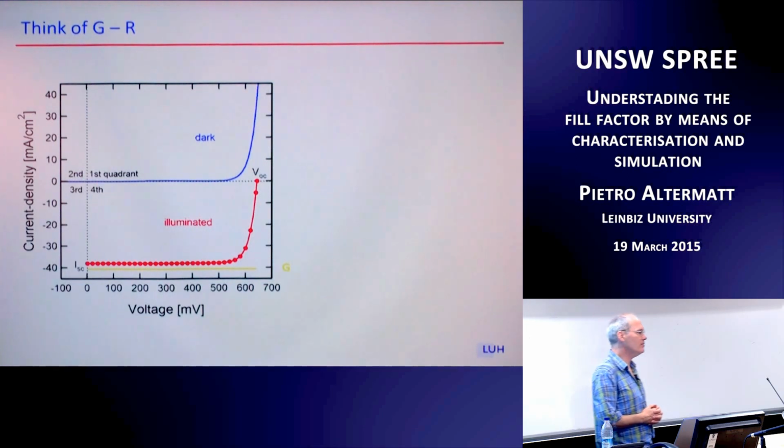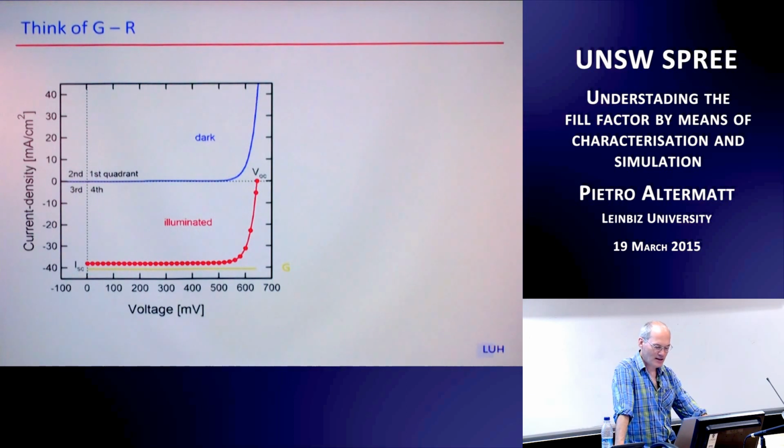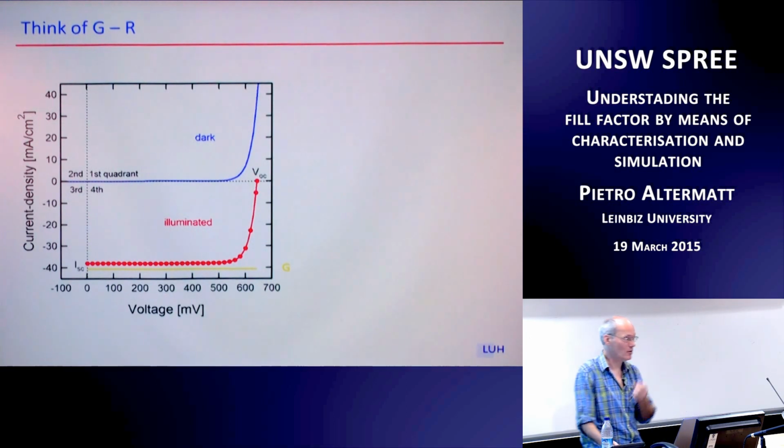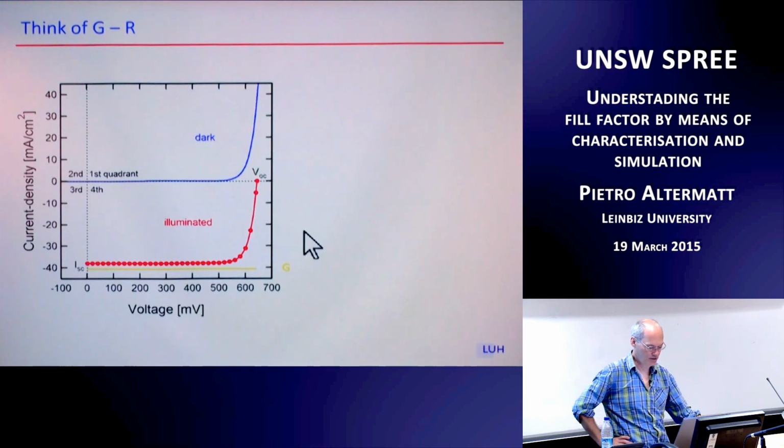I'm actually concentrating on the fact that under illumination, you have in silicon solar cells a bias-independent generation. Of course, if there are people busy with organic solar cells, this is not necessarily the case in those cells. But in silicon solar cells, G is just a straight line.